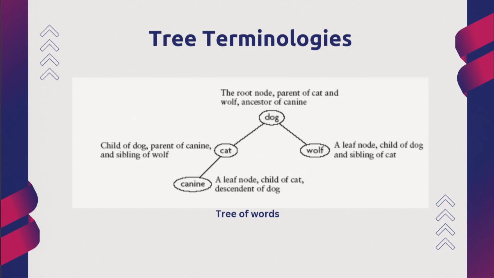And the cat node has one more child, which is canine. And when you look at the right subtree, you could see that there is only one node with the label wolf, and that node does not have any children, and so we say that wolf and canine are leaf nodes of this particular tree. Just because this tree has a set of words, we can also call this tree a tree of words.